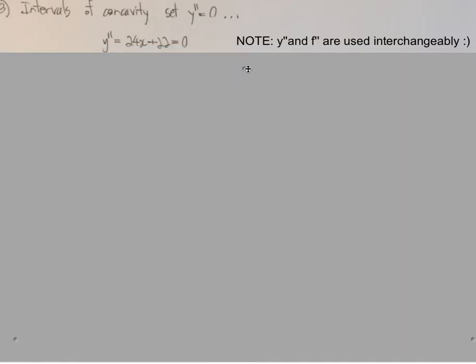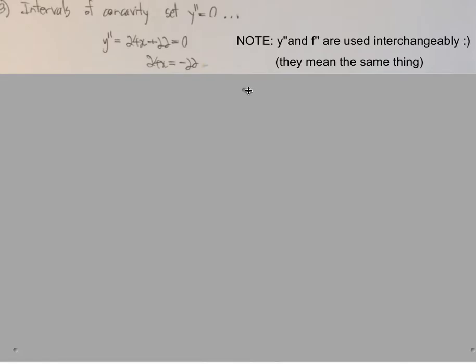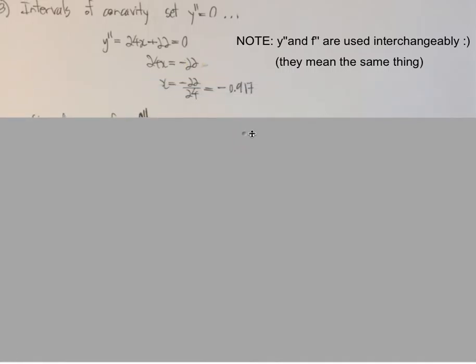So we take the second derivative, which means the derivative of the first derivative, and we get 24x plus 20, set that equal to 0, and we get x equals -0.917.